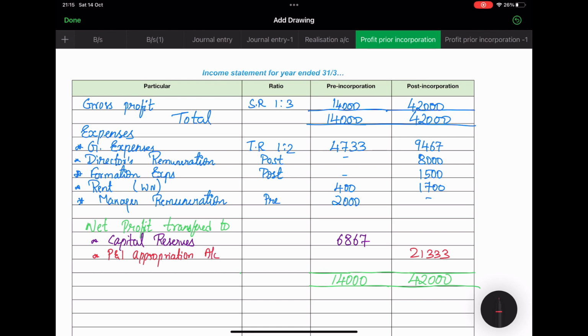Got it? Very simple and easy concept. So here an extra addition or extra adjustment was there, which is totally related to rent. That is also very clearly mentioned. So I think no confusions right now. If you have any doubts, kindly comment in the comment section. I'll try to solve it. Don't get confusions.